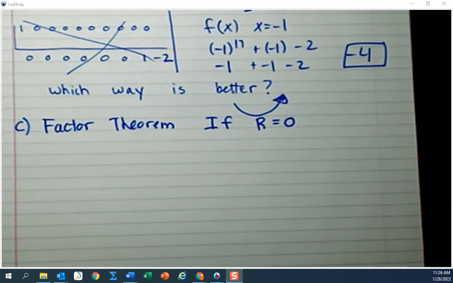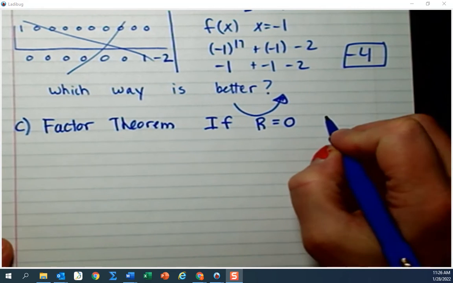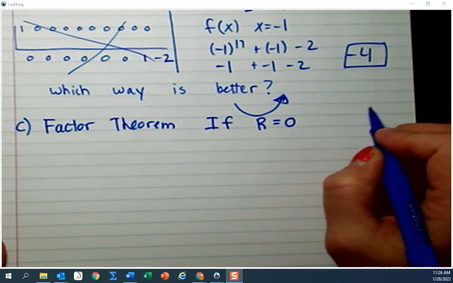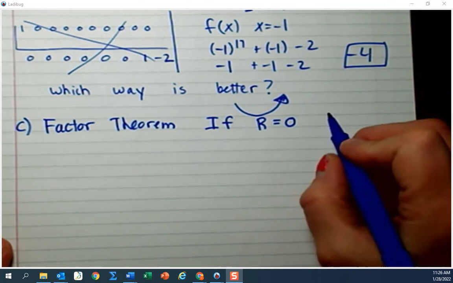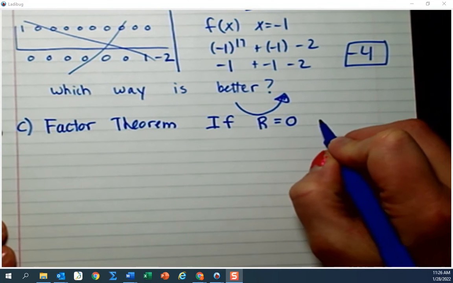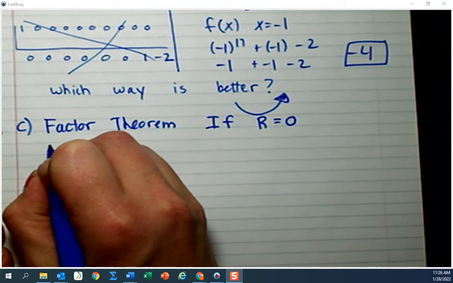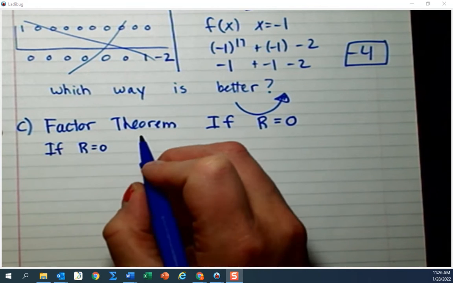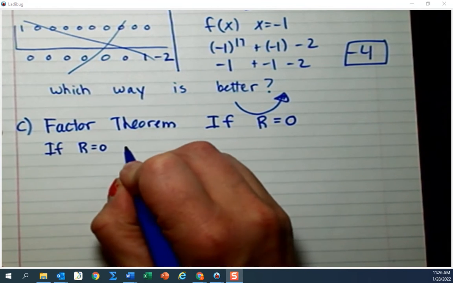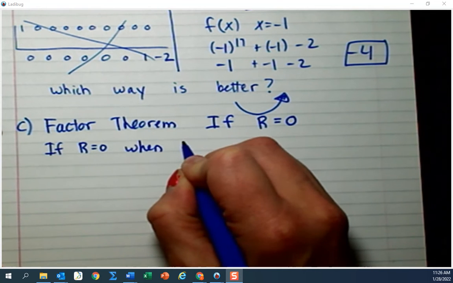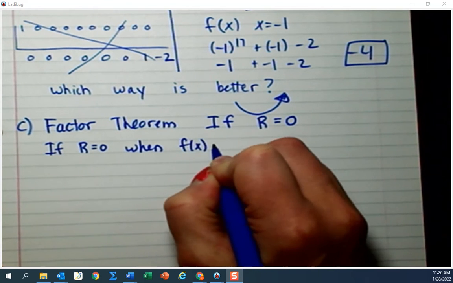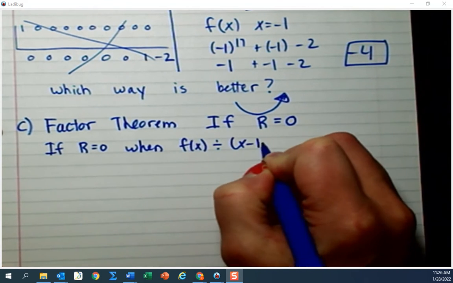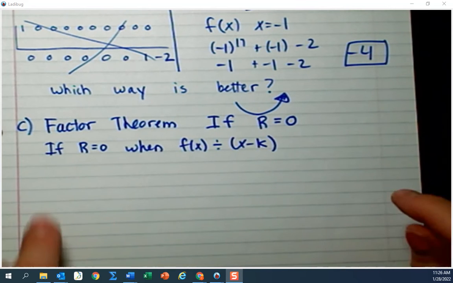Okay. All right, so if the remainder is 0, I think I'm going to write my sentence down here. If the remainder is 0 when f of x is divided by, all right, see that?